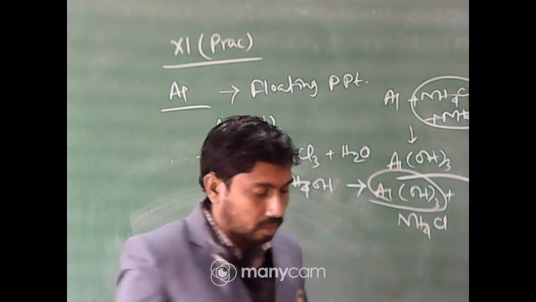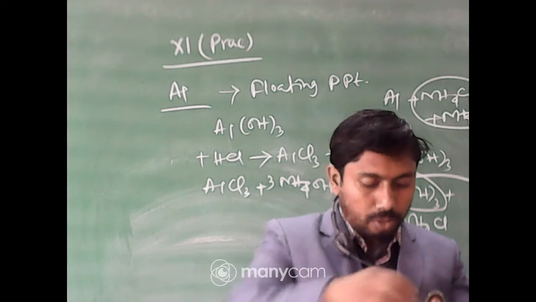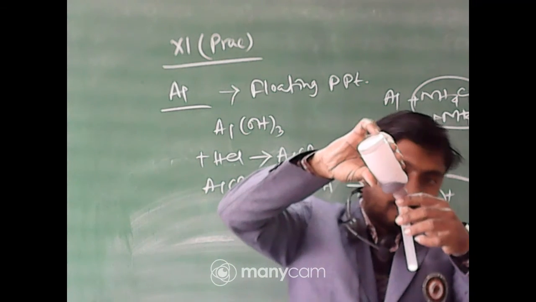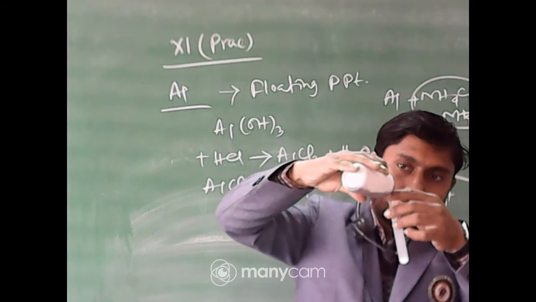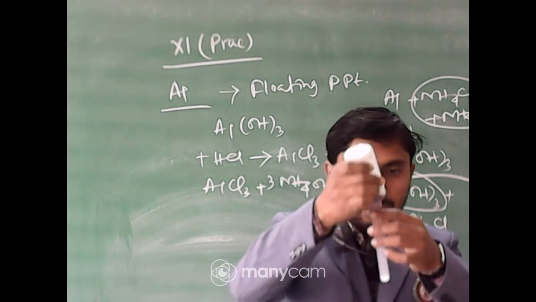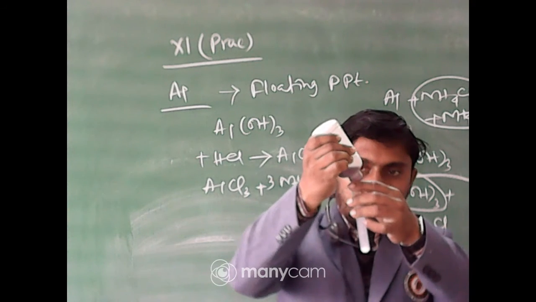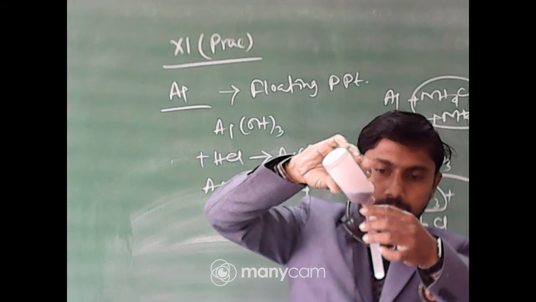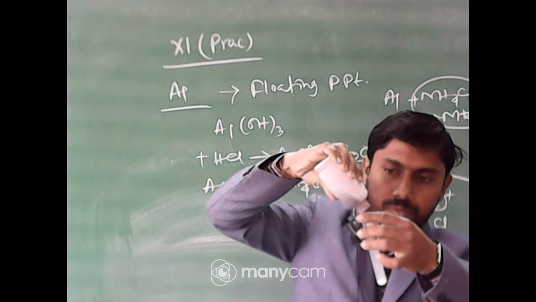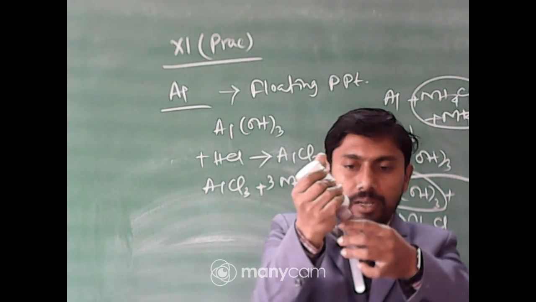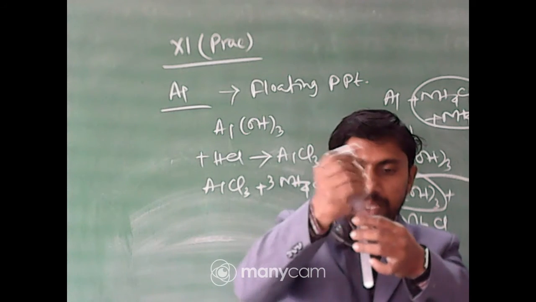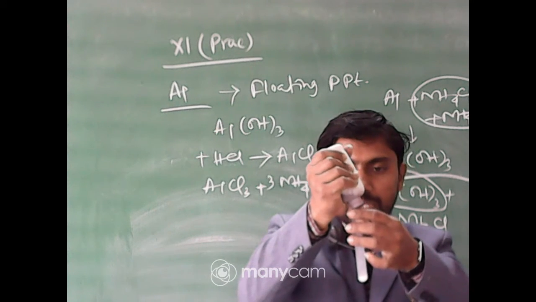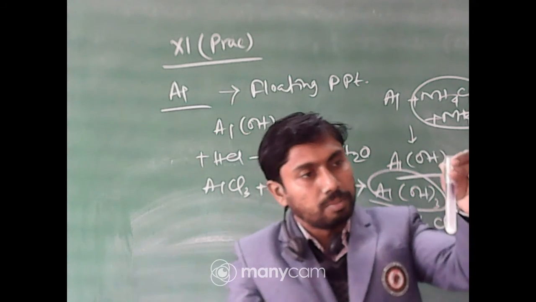Before doing that, just add 2 drops of blue litmus solution on it. The litmus will give blue color because the medium is basic in nature, because we have just added the bases NH4Cl and NH4OH, so it's giving blue color.